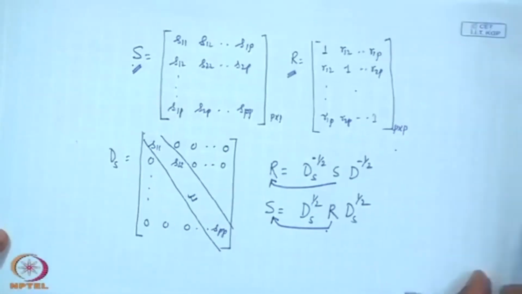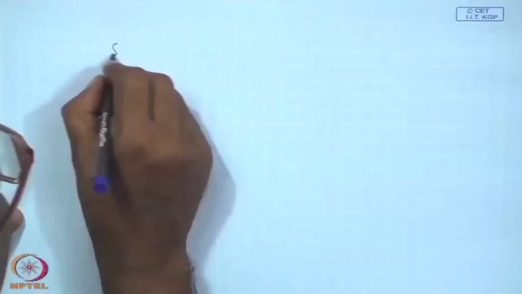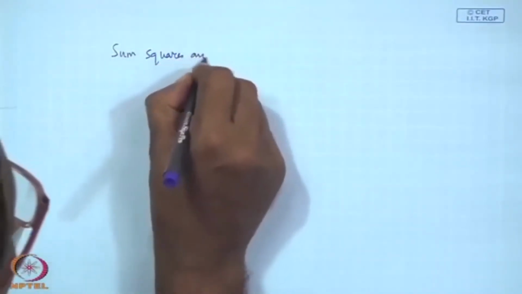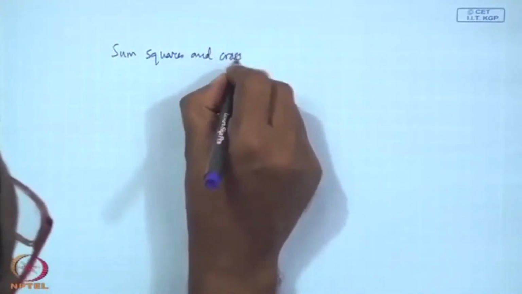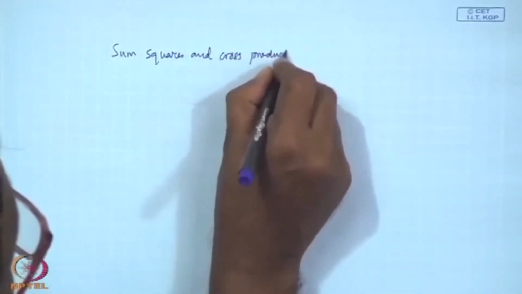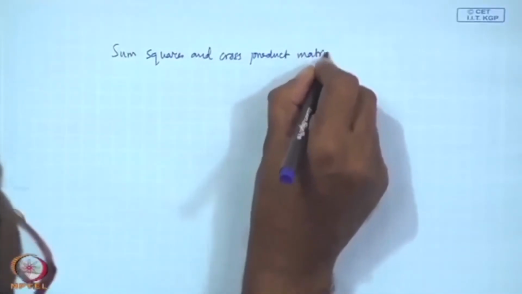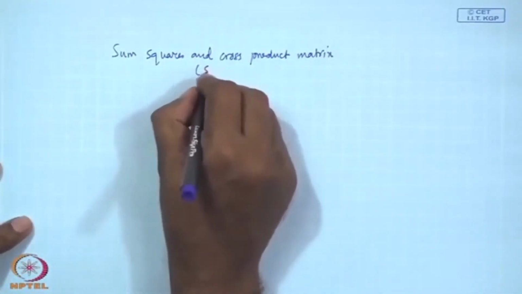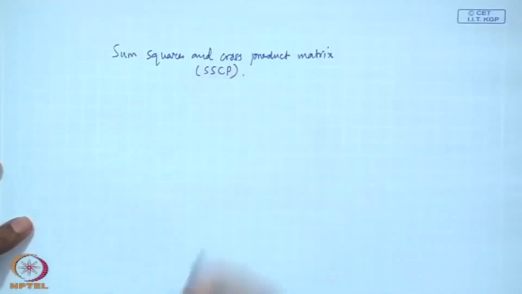Okay. Another important concept in multivariate data analysis is the sum square and cross product matrix, which is known as SSCP.